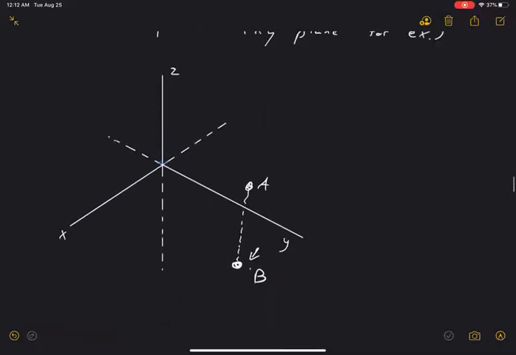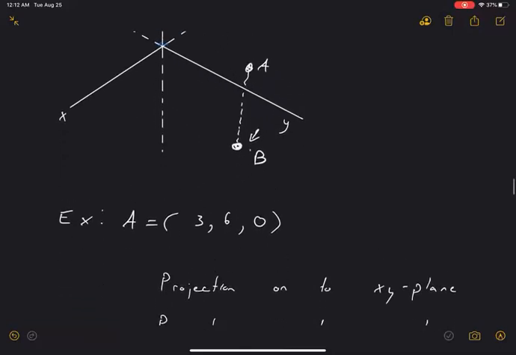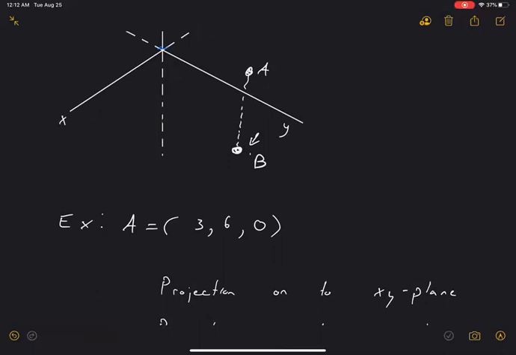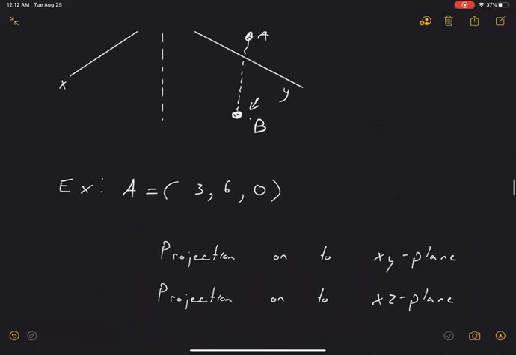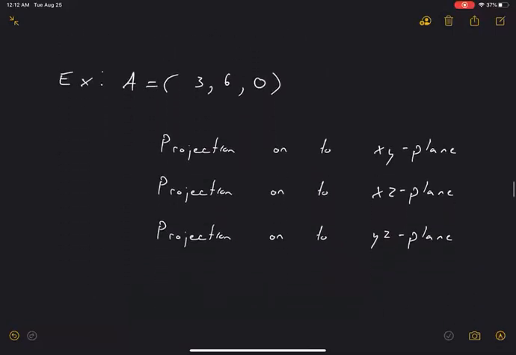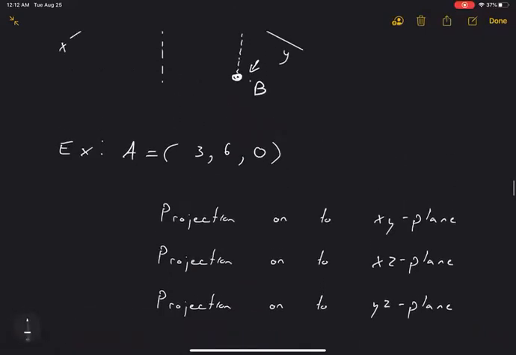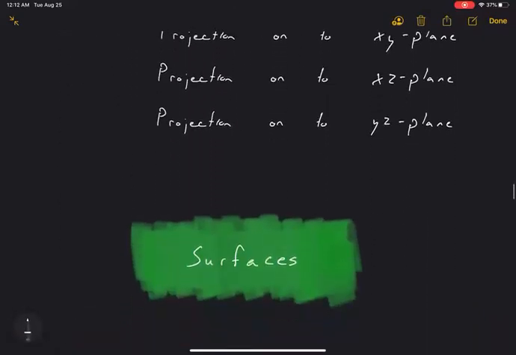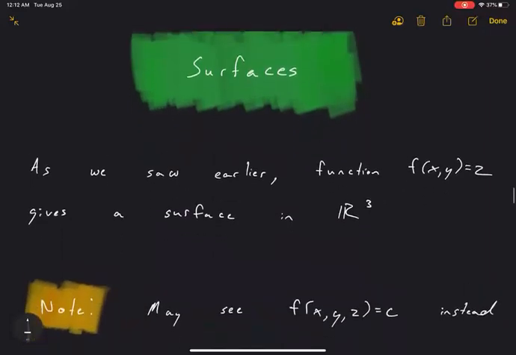We could also project this point onto the YZ plane or the XZ plane. Basically, to project a point onto the XY plane, I just make the Z coordinate 0. For the XZ plane, I make the Y coordinate 0, and so on. Again, this is not a very good definition of projections, but you might see it in the homework.